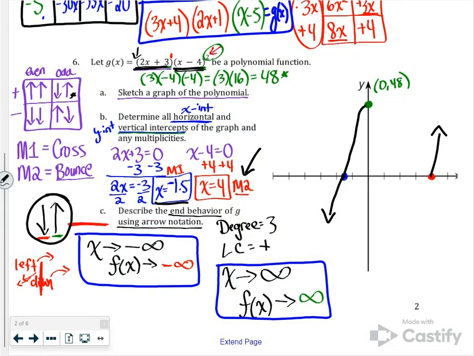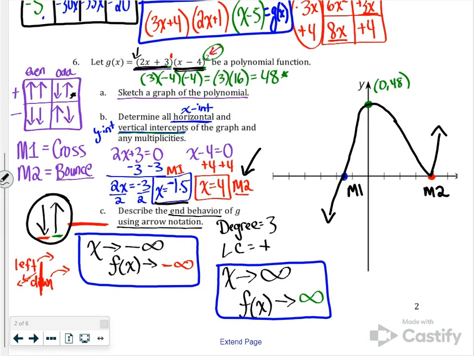It's headed up to this y-intercept. And then as I come down, I start to think to myself, well, if this crosses through, it will no longer have an up arrow. But the reason I know it doesn't cross through is because the multiplicity is 2. So we're going to see this bounce at the red dot because of a multiplicity of 2, and there was a multiplicity of 1 at the crossing spot.